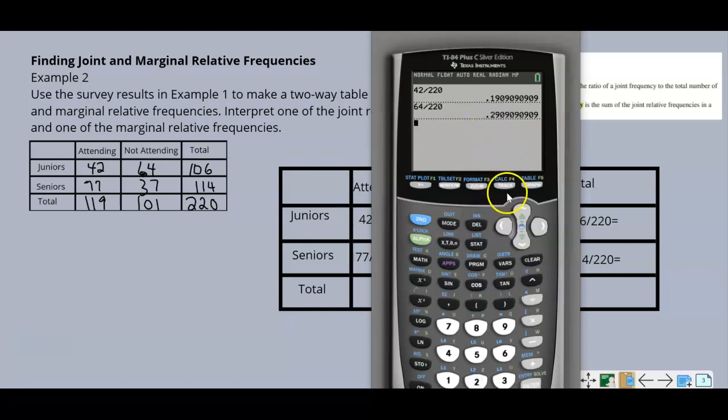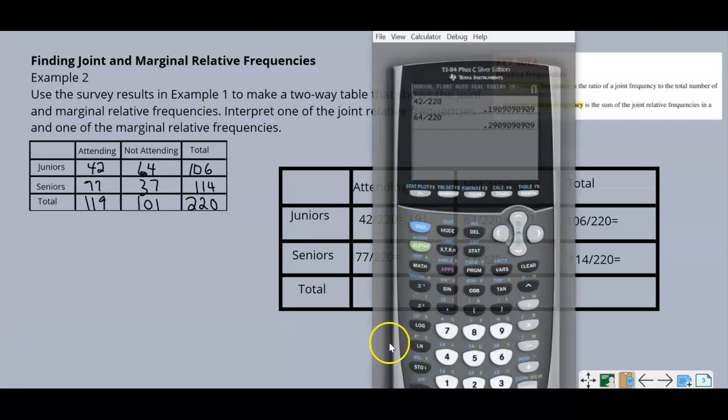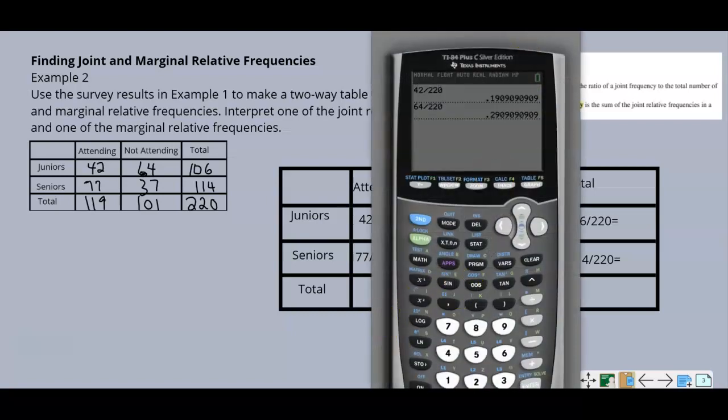That's about 29.1%, so 0.291. For some reason it's not letting me type that in there while I'm recording.